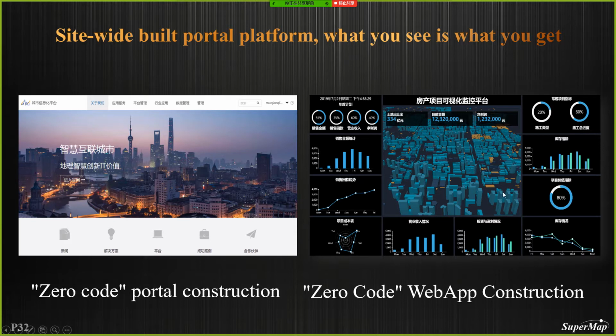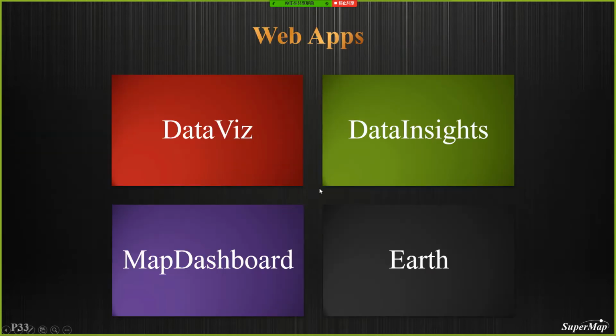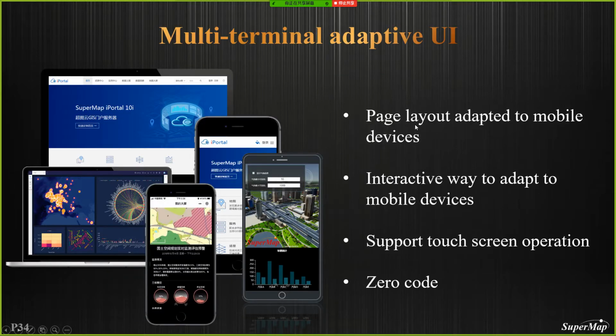And here are some web apps it supports. At the same time, our product supports multi-terminal adaptation, and it supports the computer terminal and mobile terminal, which can be well displayed and applied.